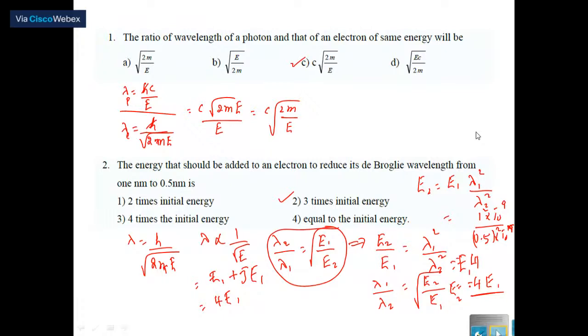Well, how does the de Broglie wavelength depend on the energy? Lambda is inversely proportional to the root of the energy.